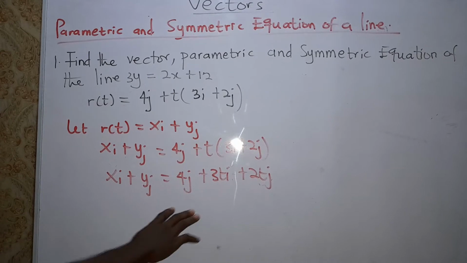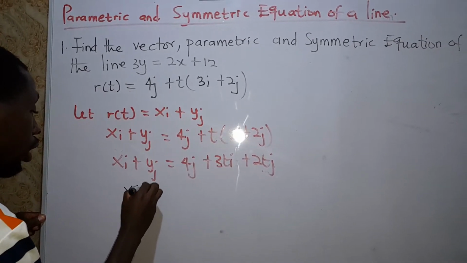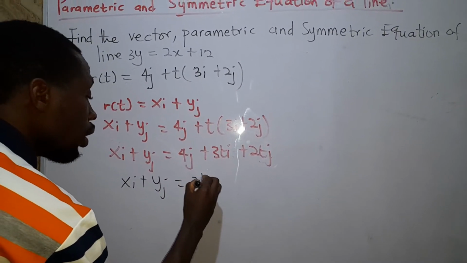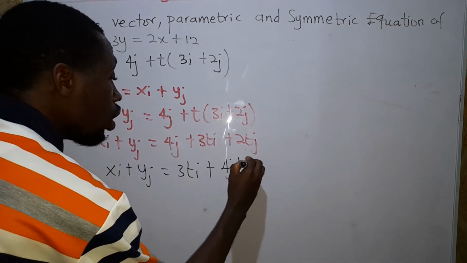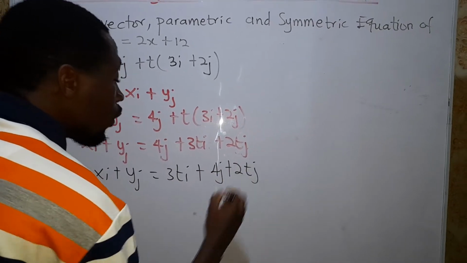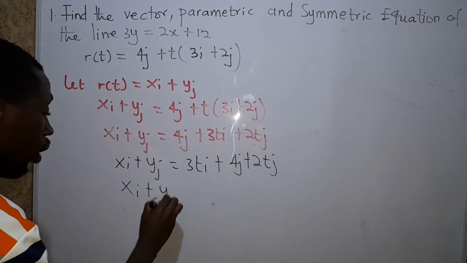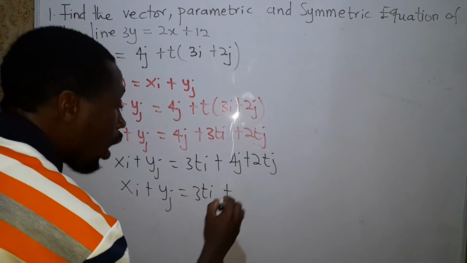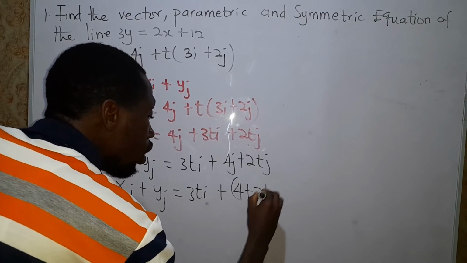So when we group like terms at this side, we have xi plus yj will be equal to 3ti plus 4j plus 2tj. Now we can factor out: xi plus yj will be equal to 3ti plus (4 plus 2t) bracket j.